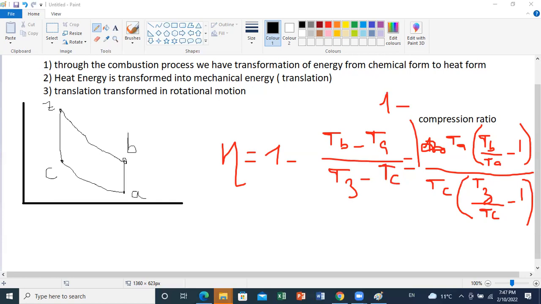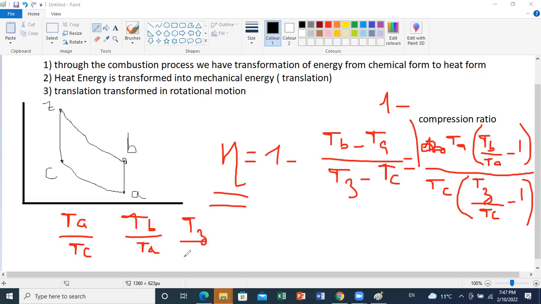So you can say that I transformed my efficiency parameter as a function of 3 ratios, which are TA over TC, TB over TA, and TZ over TC. So if I determine these ratios, I will be done. I can get a simplified expression for my efficiency.